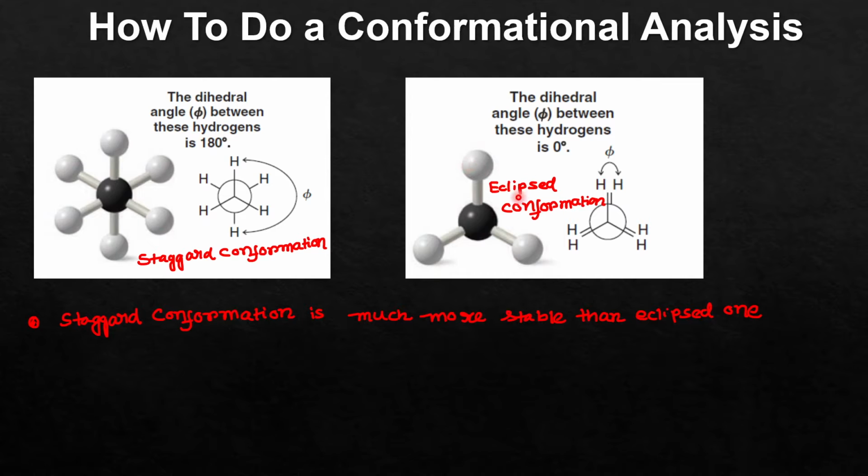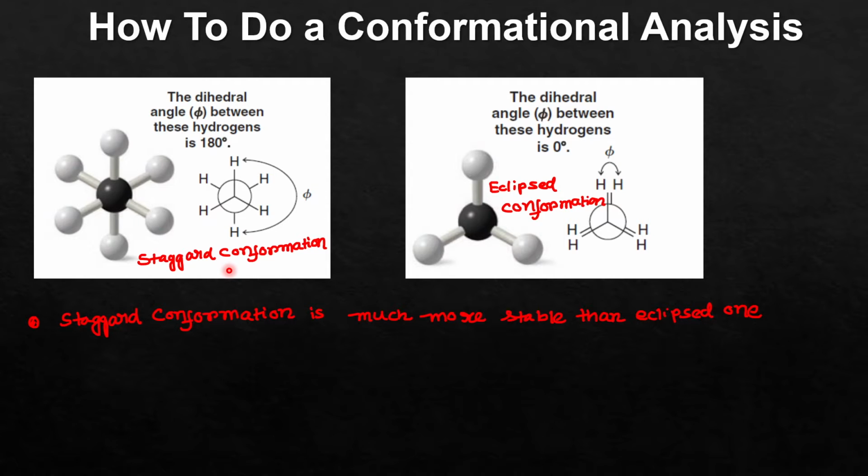On the other hand, in the eclipsed conformation, the dihedral angle between these two hydrogens is 0 degrees. These two conformations, staggered and eclipsed, are the most important conformations that you will encounter while doing conformational analysis.